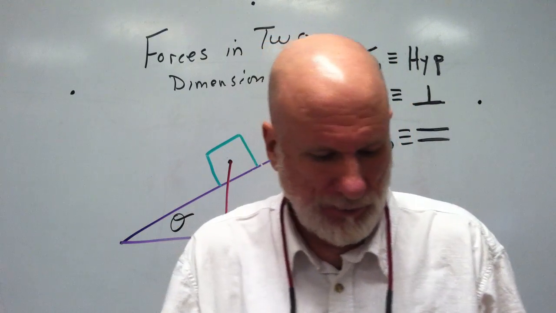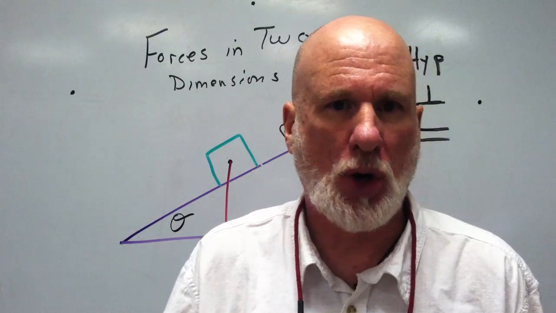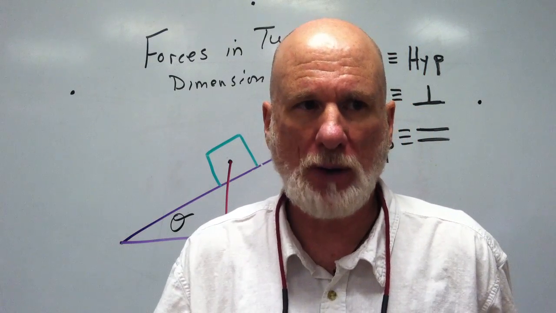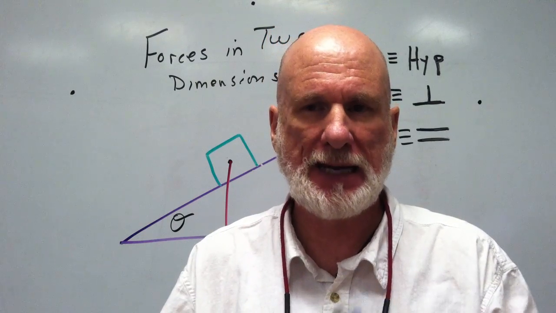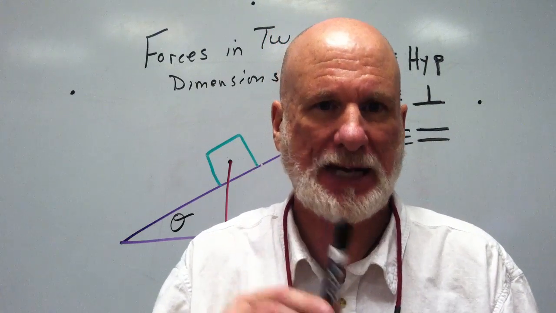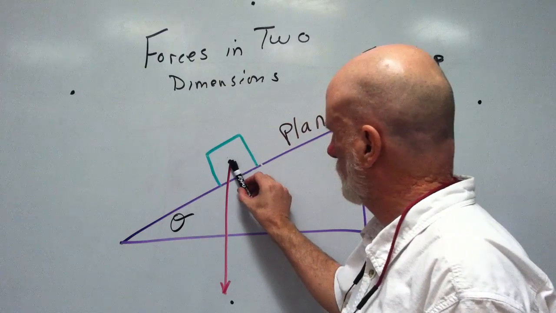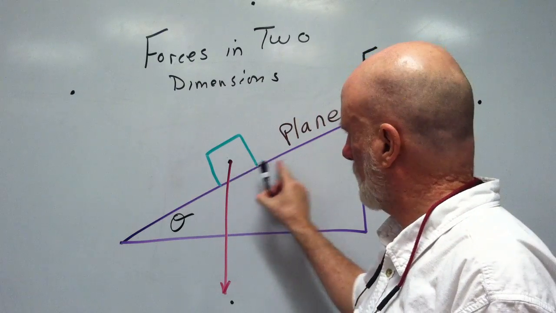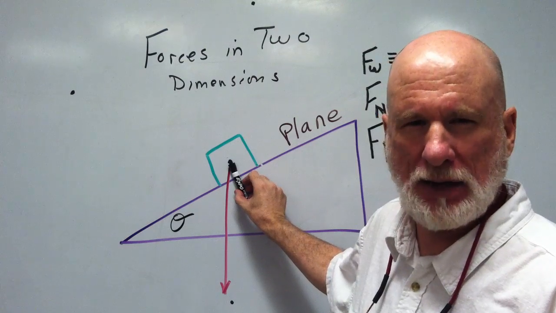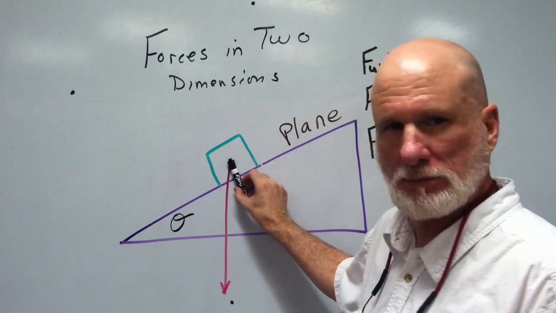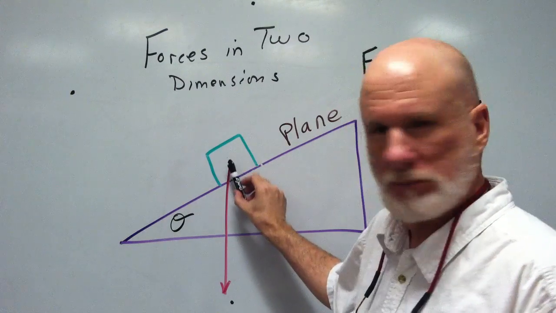The next one is going to be, I'll draw in the normal. Now, the normal is that portion of the weight that is perpendicular to the plane. Right there. The plane, perpendicular. Right? Forms a 90-degree angle right there. Okay?